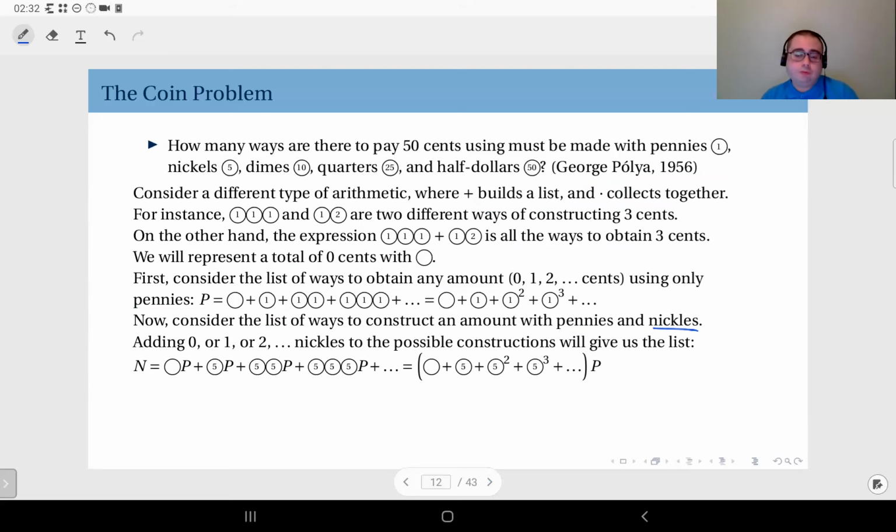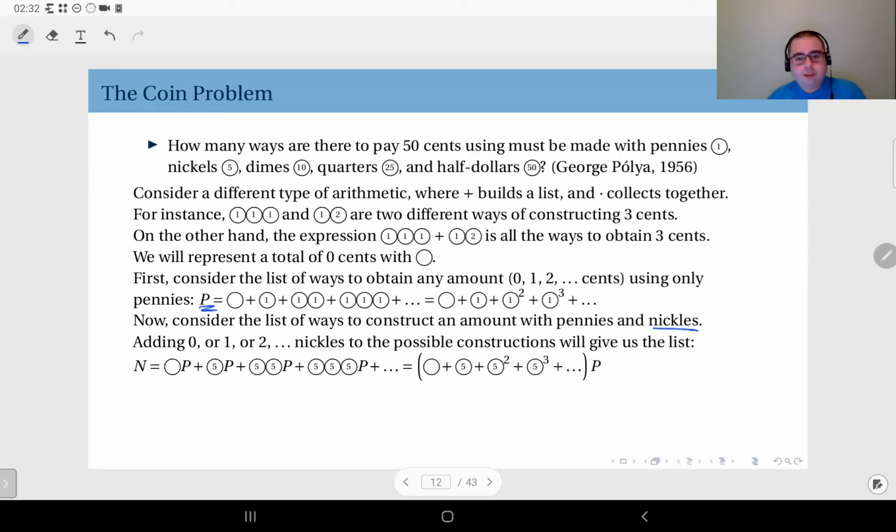So you can use only pennies, you can use only nickels, you can use a combination. Okay, so all the ways are allowed here, but you just want to have pennies and nickels and not the others at this stage. Now, you have P. This is the list of all the ways to obtain any amount.